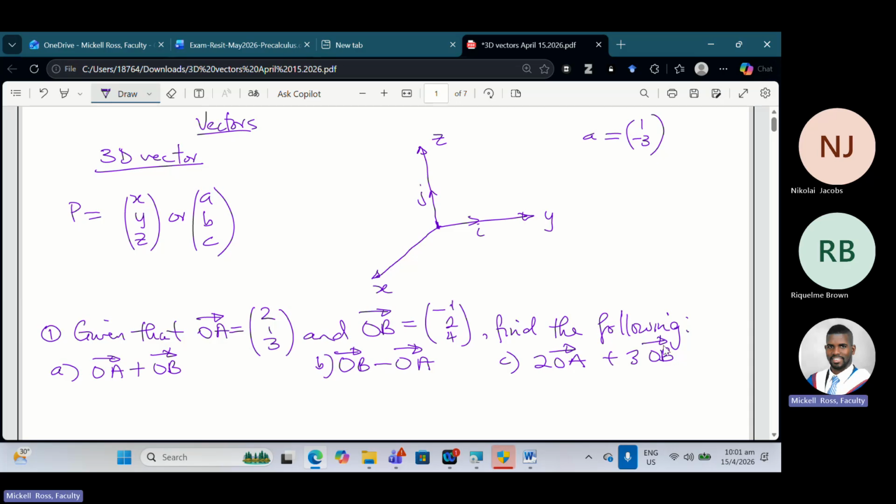So right here we do an addition, subtraction, and scalar multiplication with addition for these three subparts to the question.